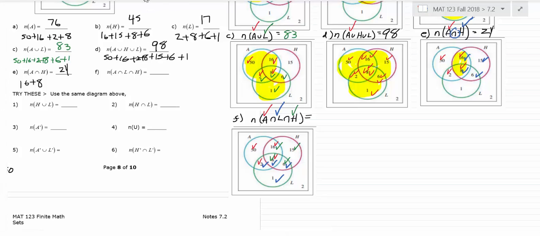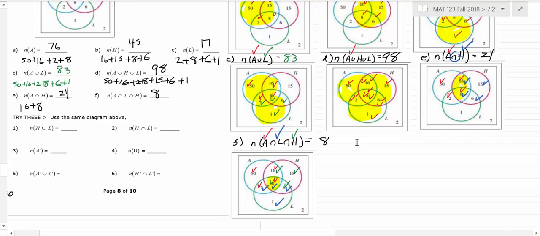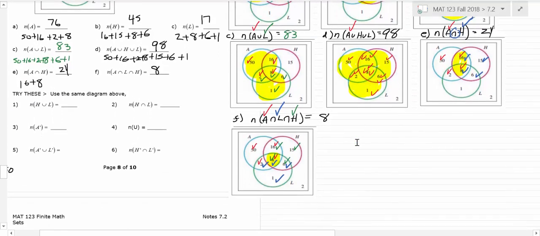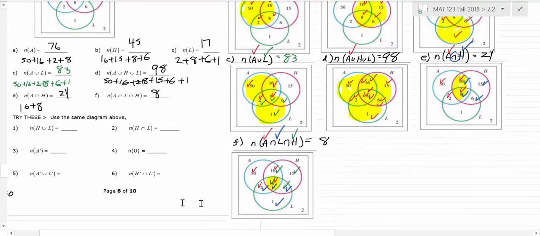So now we're looking for 3 check marks, which is right there. So the answer to that problem would just be equal to 8. So that's how you put that together. I didn't really do too many complements on that. I'm going to let you try that a little bit and see how well you do.